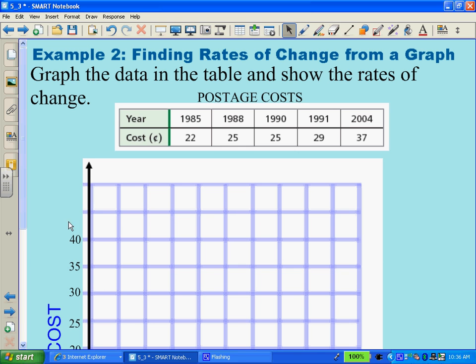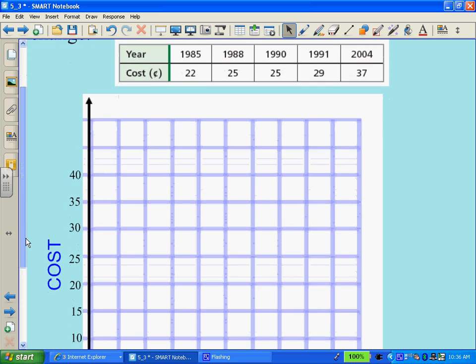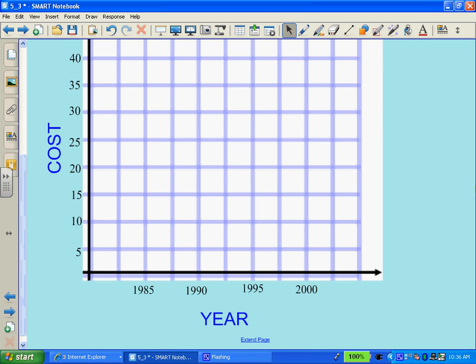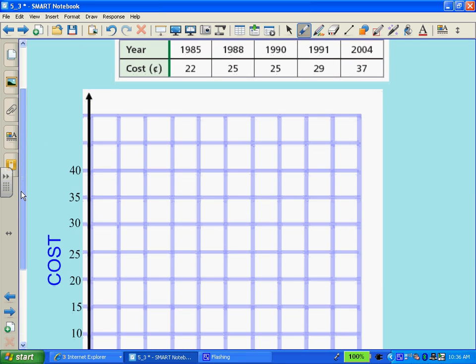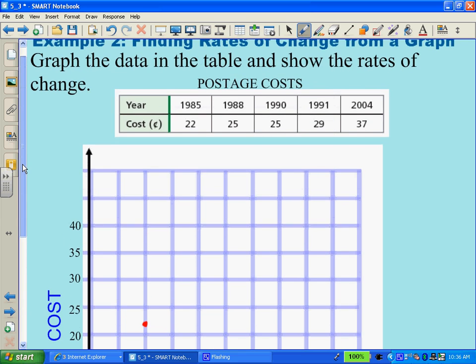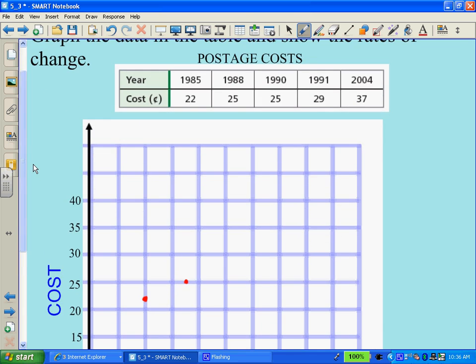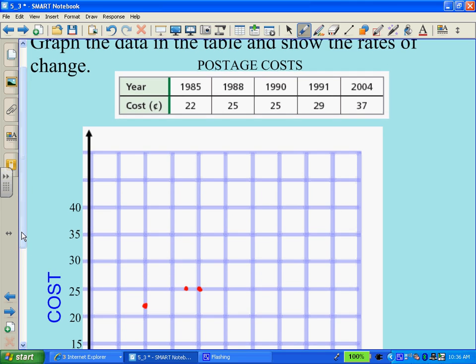Once again, they'll give you a table and then they'll ask you to graph the data in that table. So let's do that here. We have postage costs over different years. 1985 was 22, so let's go 1985, 22. Then 1988 was 25, right here. 1990 was 25, so it's going to be right here. 1991 was 29.